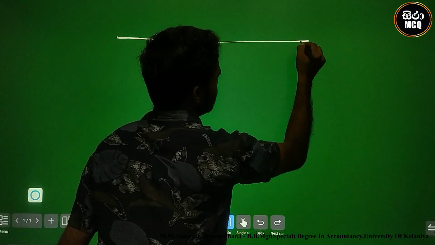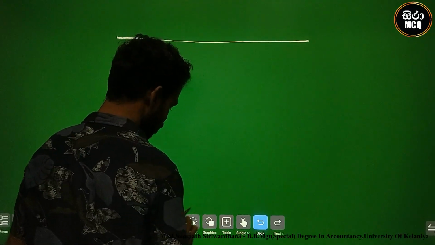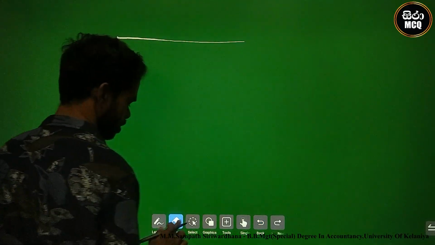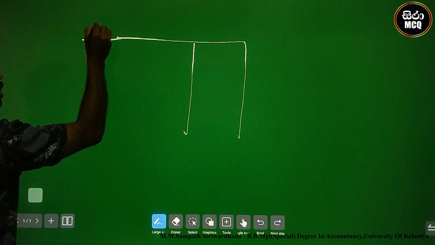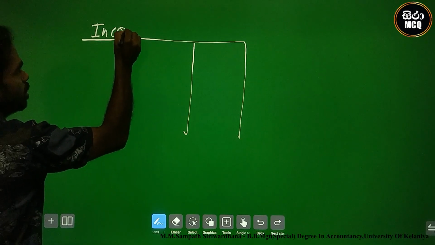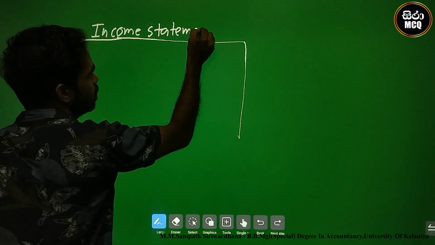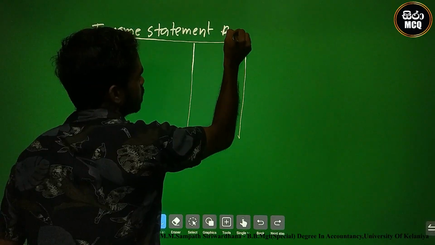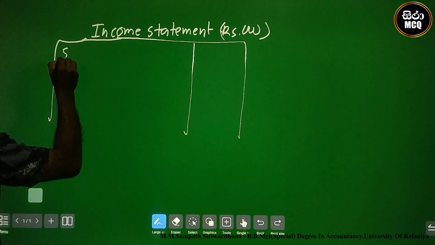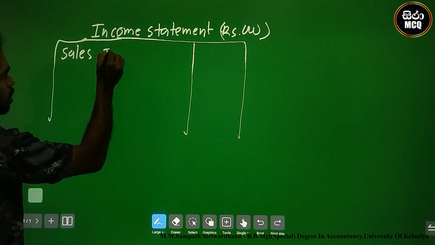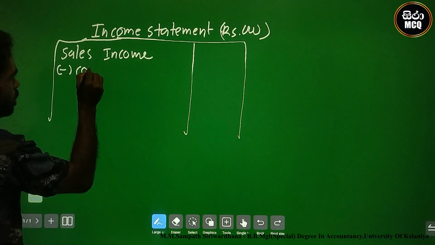This is the simple income statement. Sales income, minus cost of sales.